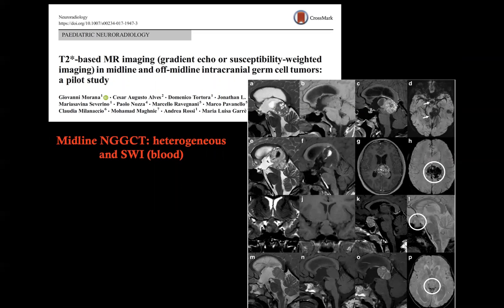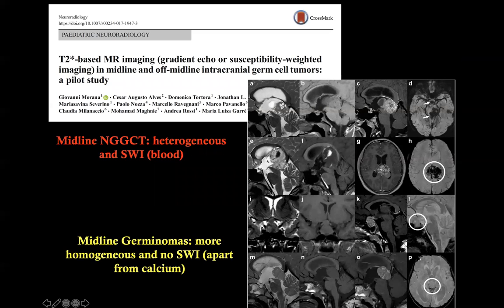So they have hemorrhagic products inside that are fairly typical for NGGCTs, while not found in germinoma, apart from the calcium that can be present. And you can see also the heterogeneity, although if you read all the literature, the heterogeneity is useful, but only to some extent, because you can have an overlap if you look just at the internal structure of the tumor.